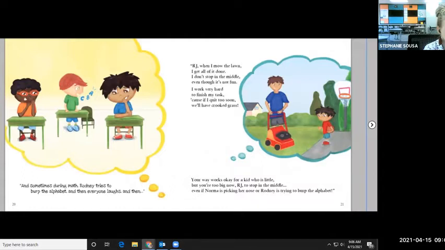I work really hard to finish my task, because if I quit too soon, we will have crooked grass. Your way works okay for a kid who is little, but you're big now. RJ, it's time to stop in the middle, even if Norma is picking her nose or if Rodney is trying to burp the alphabet.